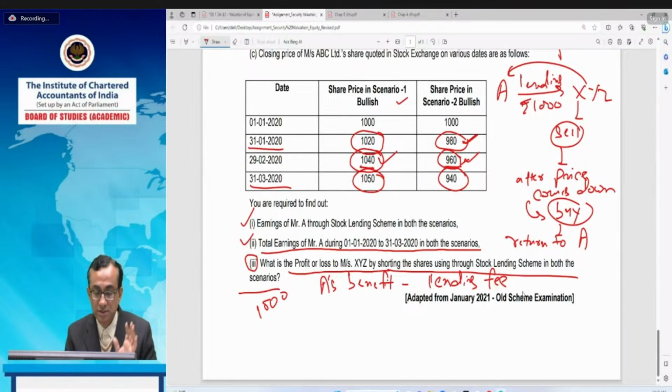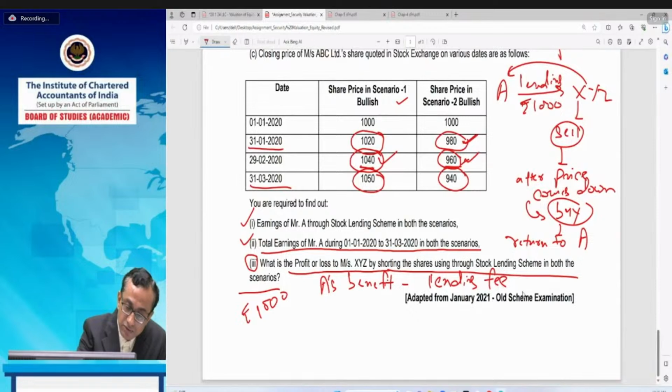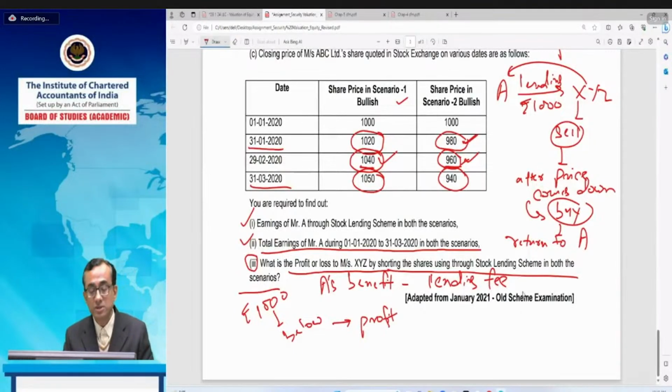At 1000. He took the shares from A, and then shorted them, or sold them, at 1000. Only when the price is below 1000 will he get profit, because then he will be able to buy them and return the shares to A, which he had borrowed from him.